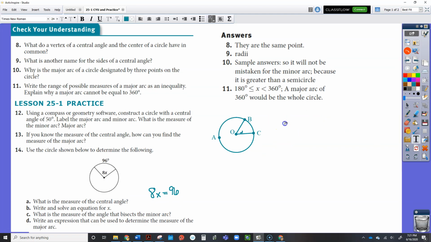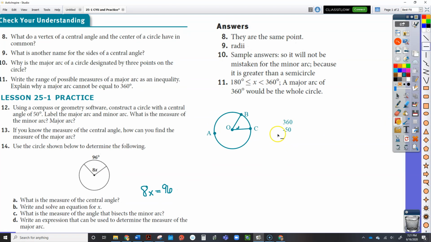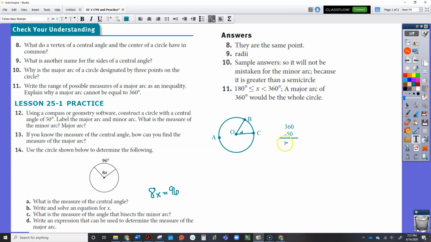Let me try to type it. 360 minus 50 is, what is that, 310? So the major arc, which is BAC, is 310, and the minor arc BC is 50.